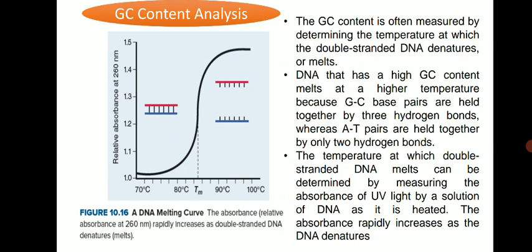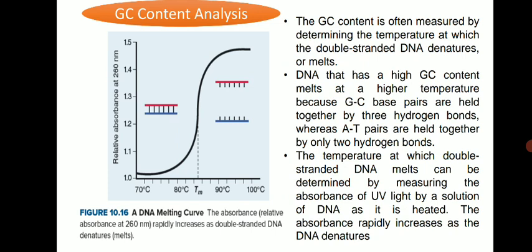The temperature at which double stranded DNA melts can be determined by measuring absorbance of UV light by a solution of DNA as it is heated. Basically, GC content can be calculated spectrophotometrically.